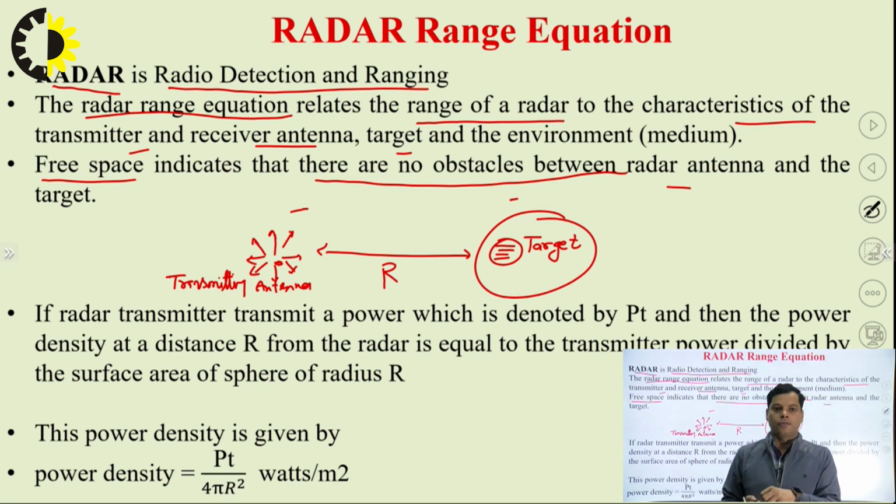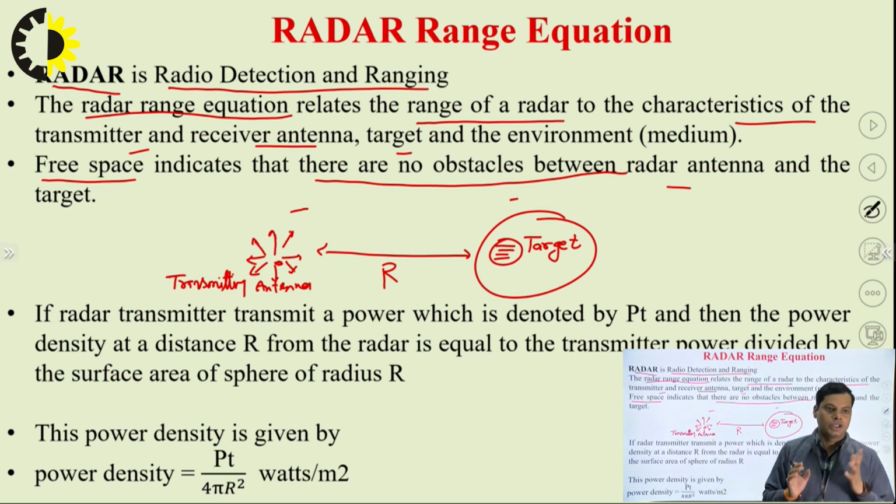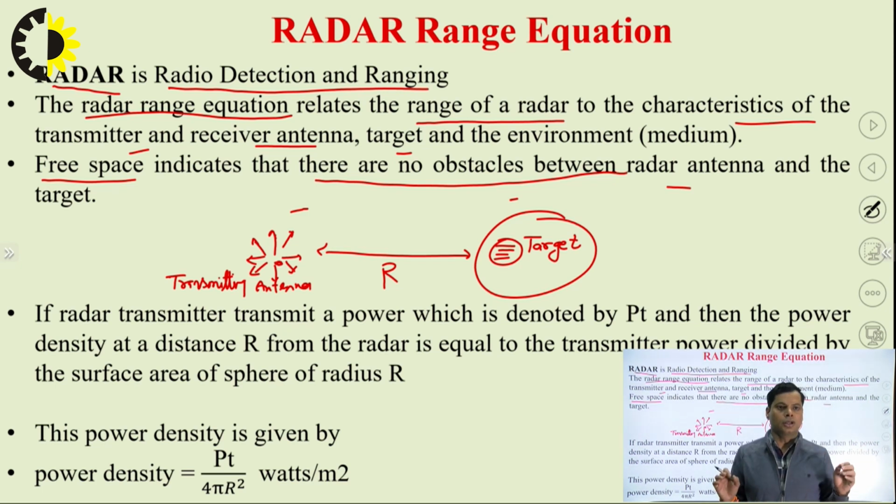From that wave, it is able to find out information regarding any object available at some distance from the transmitting antenna. This is simply the concept of studying the intercepted power of a target at a receiver station. This is the basic principle of radar.